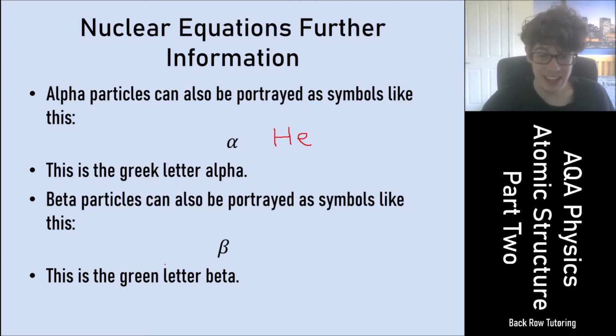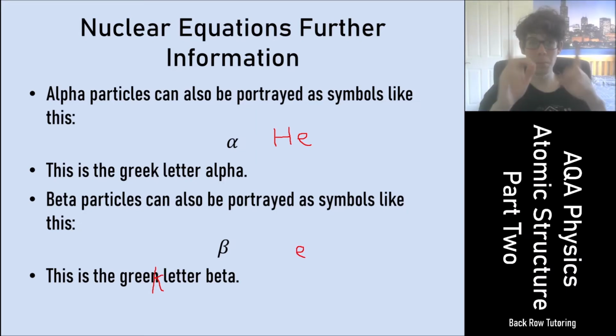That should say Greek, not green. Sorry for that little typo there. So when we write beta particles, we either write them as this, the beta symbol, or we write it as an E for an electron. So bear that in mind. Alpha particles could be shown as alpha, the Greek symbol, and beta particles could be shown as a beta, the Greek symbol.